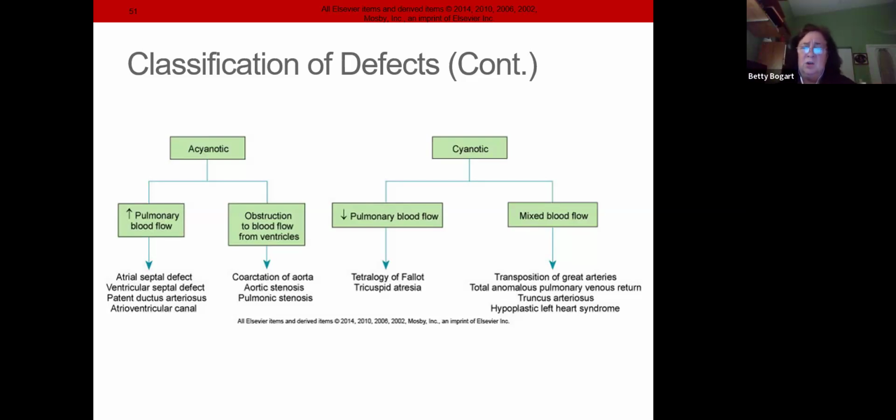Now, usually mommy in utero secretes a hormone called prostaglandin naturally, and it keeps it open. Once the baby's born, it's gone, and it usually closes. Well, sometimes we need to keep it open because we need oxygen. There's no other way that it's happening with this congenital heart defect, okay?